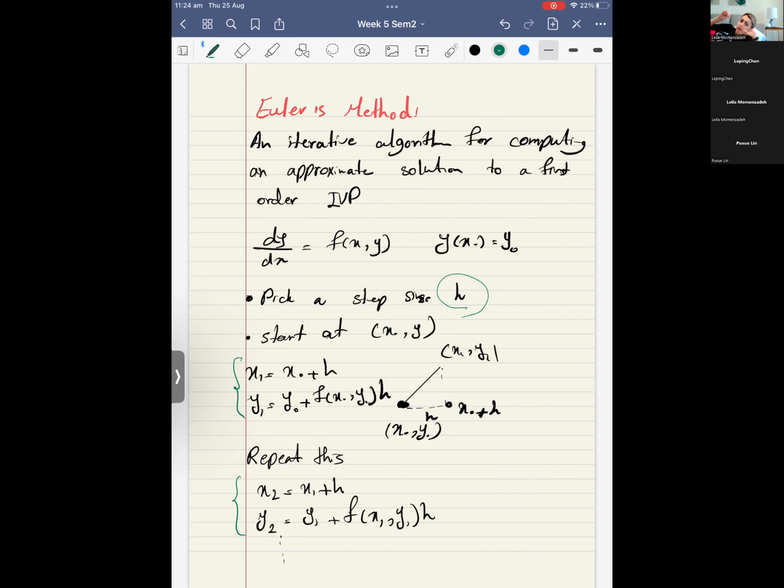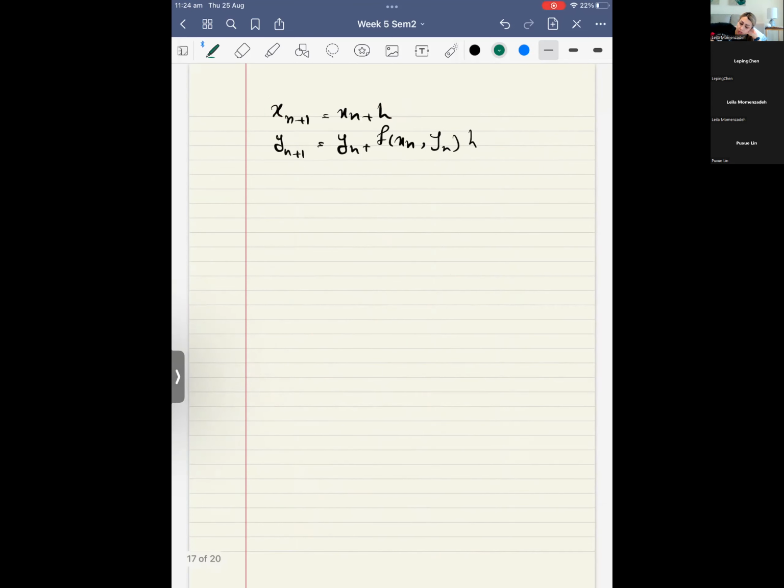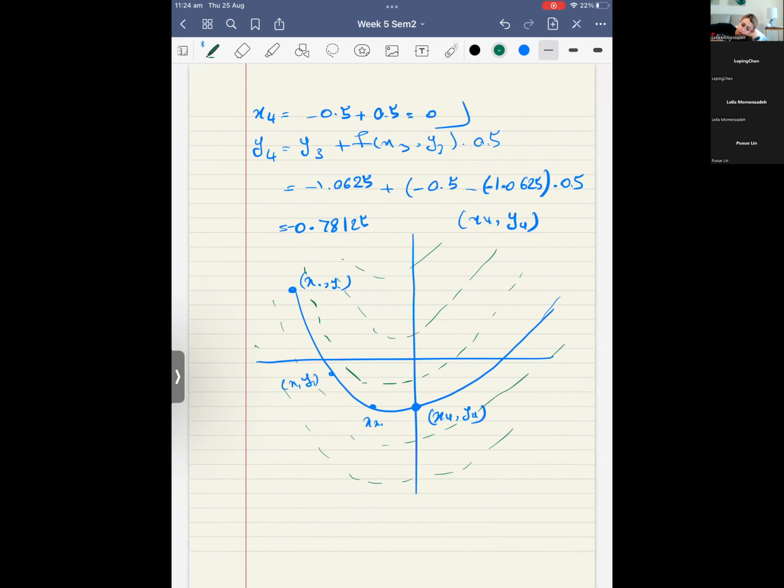If you are asked to pass through the y-axis, it means you should keep going till x would be 0. This point passes through the y-axis. It means x equals 0.